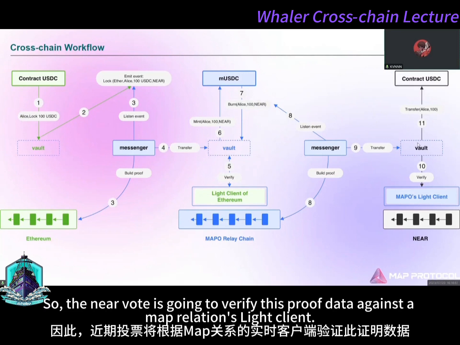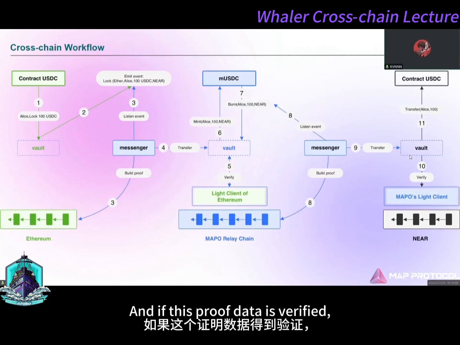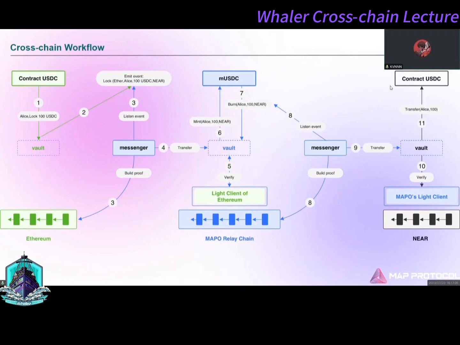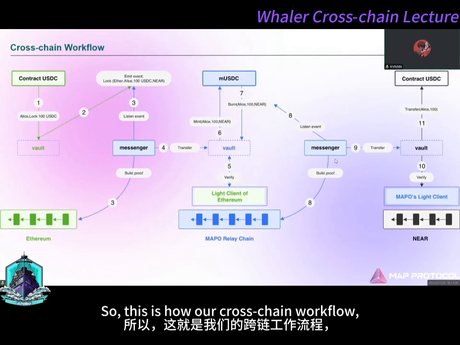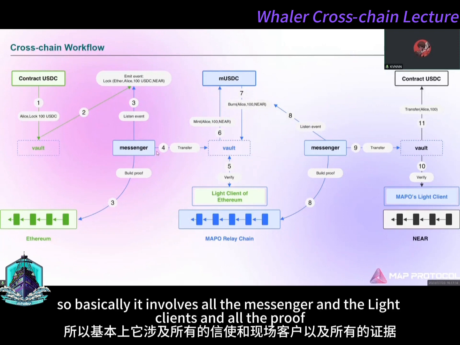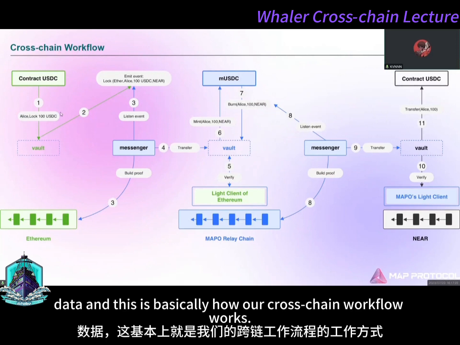So the Near vault is going to verify this proof data against the Map relay chain's light client. And if this proof data is verified, the vault is going to transfer Alice 100 USDC on the Near chain. So this is how our cross-chain workflow works. Basically it involves the messenger, the light clients and the proof data.